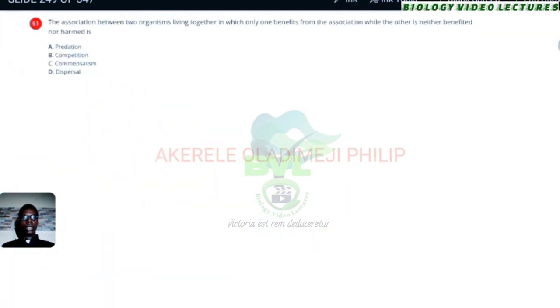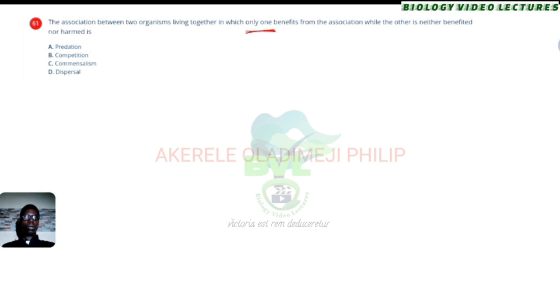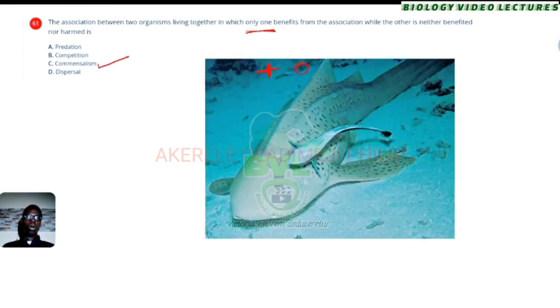The association between two organisms living together in which only one benefits, keyword, only one benefits from the association while the other is neither benefited nor harmed, that's a plus and a zero. That's going to be commensalism, which means the plus is the animal gaining, and the zero is the one that is not affected nor harmed. So in this case here, this is like remora fish attached to the shark.